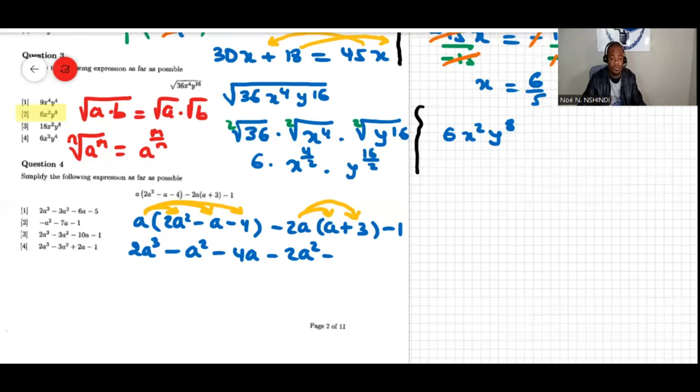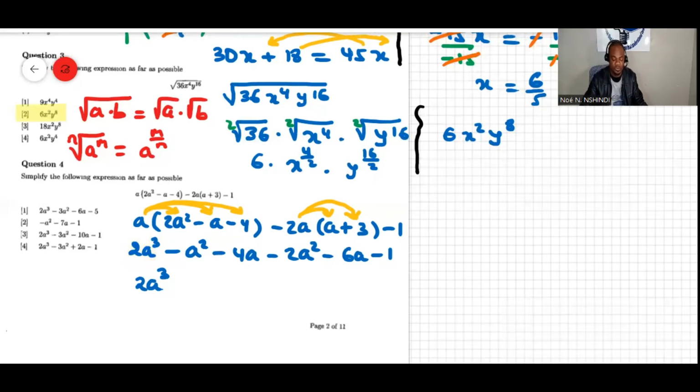We need to be careful when we multiply with a negative number, it changes the sign of everything inside the bracket. So this makes negative 6a minus 1. Now, this will be 2a cubed, the only term that has a cubed exponent.